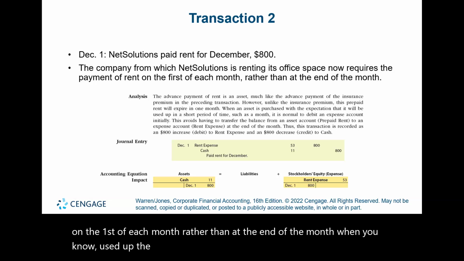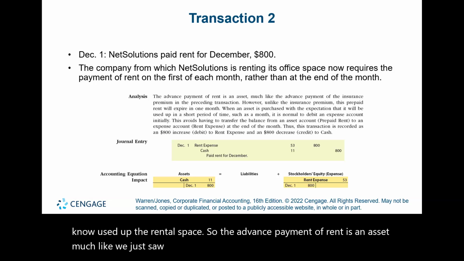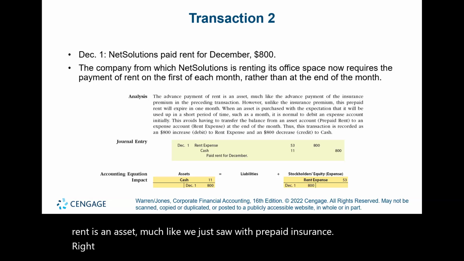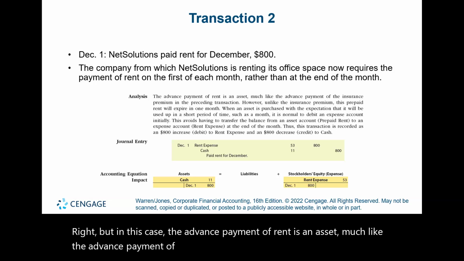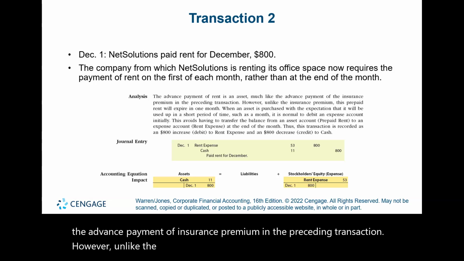So the advance payment of rent is an asset, much like we just saw with prepaid insurance, right? But in this case, the advance payment of rent is an asset, much like the advance payment of insurance premium in the preceding transaction. However, unlike the insurance premium, this prepaid rent is going to expire in a month.